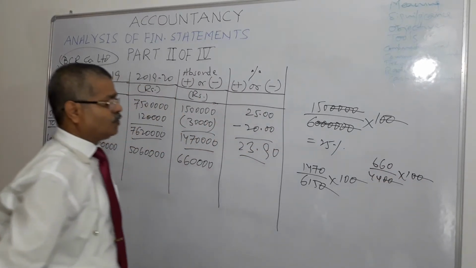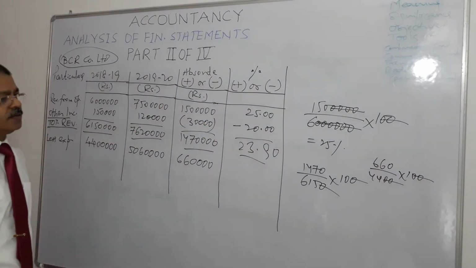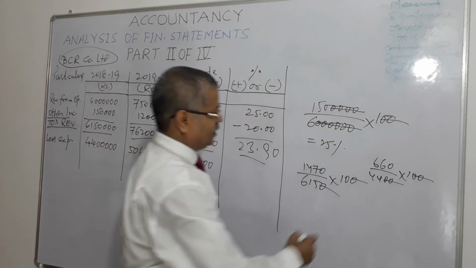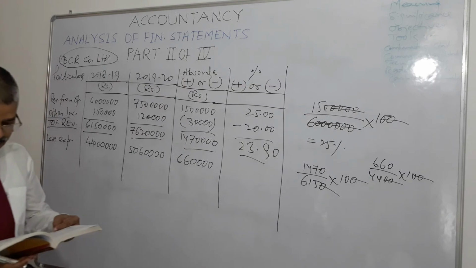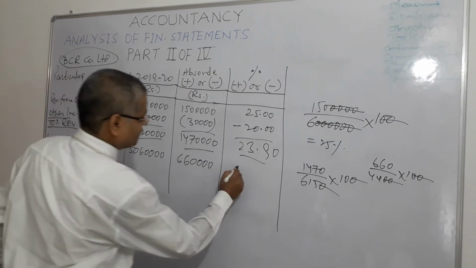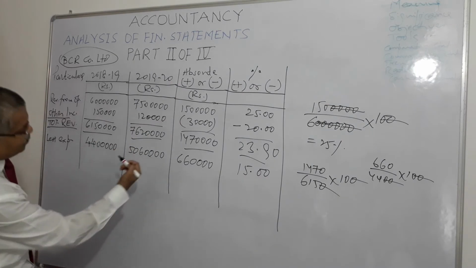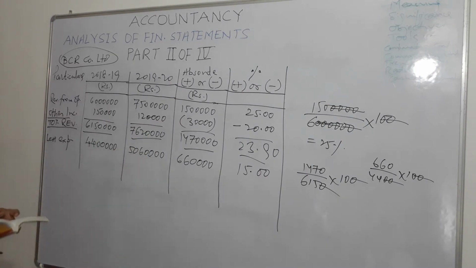It will be around 15%, right? This is 15% and it is positive because it has changed from 44 to 50.60.